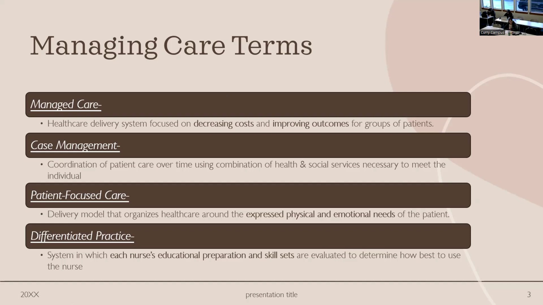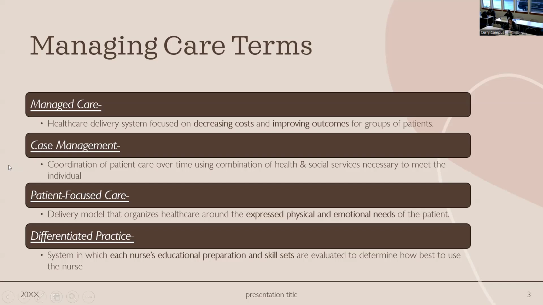Case management, which we're going to talk a good amount about, is coordination of patient care over time with other healthcare services, including social services. It involves planning, coordination, and monitoring care for patients with unique needs.